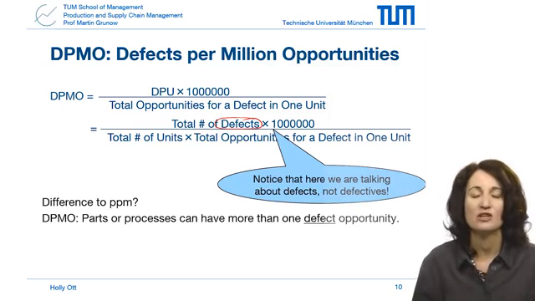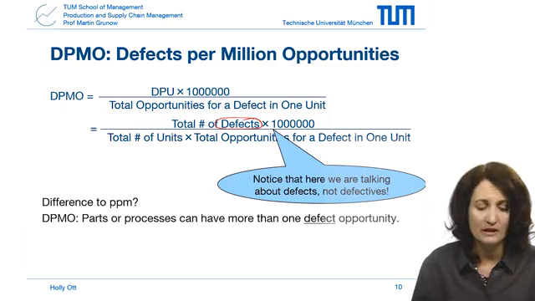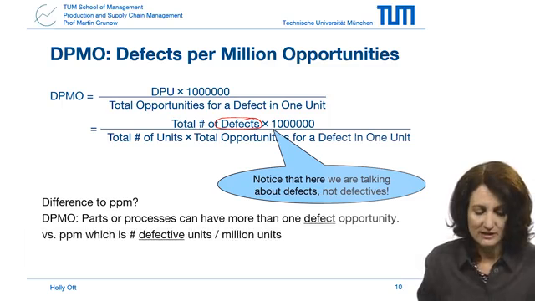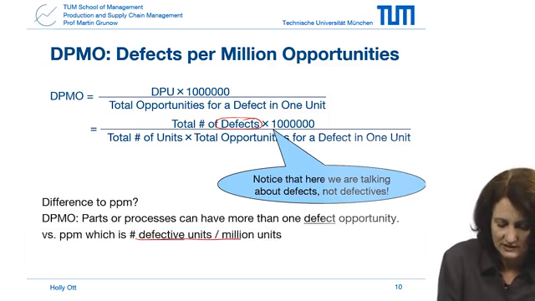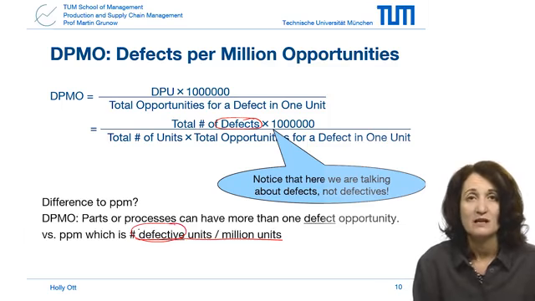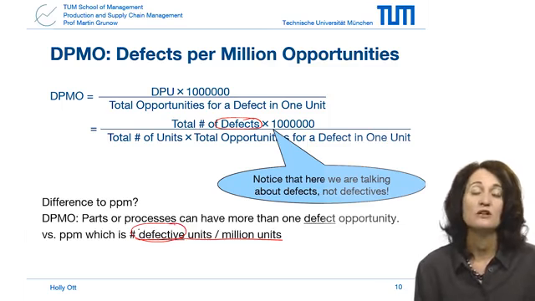More defects can occur and create one defective. Parts per million is the number of defective units per million units. So you're looking at the defective units that are coming out of the process. Now, these are often used interchangeably in industry. And we're going to look at this again in the context of Six Sigma.